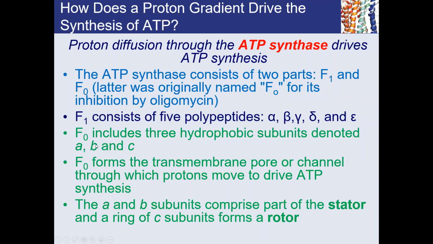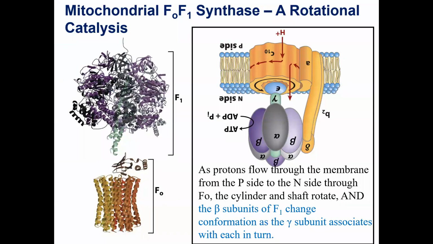It's the F0 that forms the transmembrane pore that allows the protons to move down their electrochemical gradient to drive ATP synthesis. These A and B subunits form the stator, and the C unit forms the rotor. So this is what the structure of F0 F1 synthase looks like.